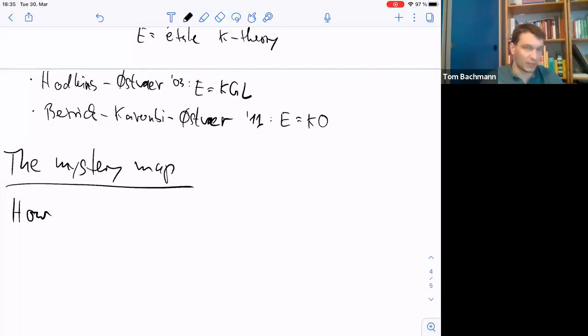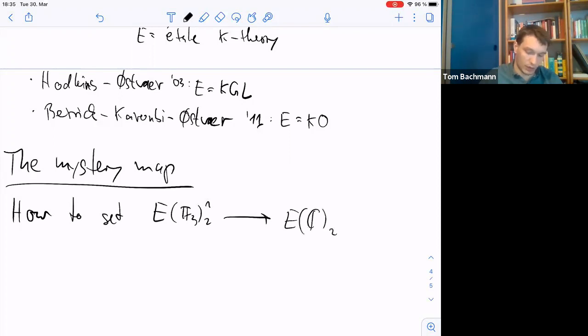It's not obvious what it is, even once you stick in your values. So how do we get E of F3 2-adically completed mapping to E of C, 2-adically completed? The answer is in the following result.